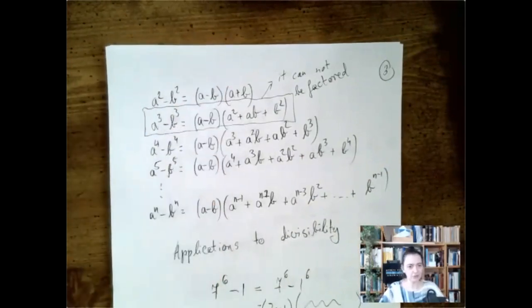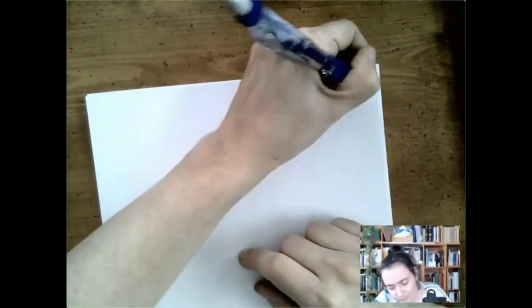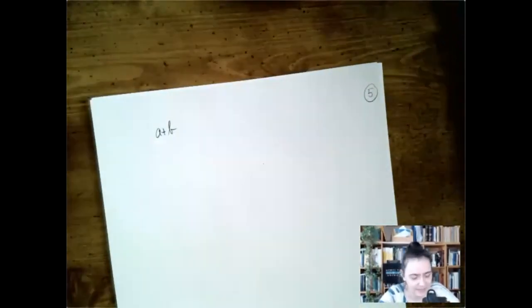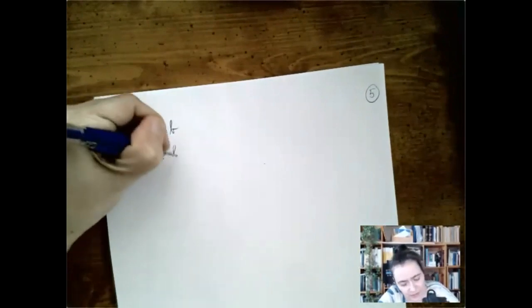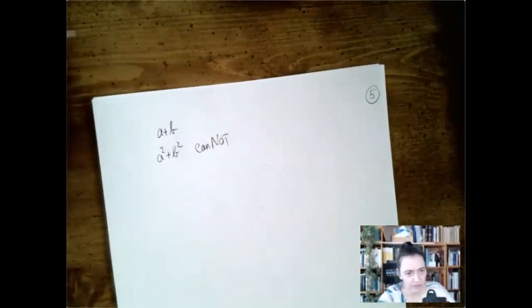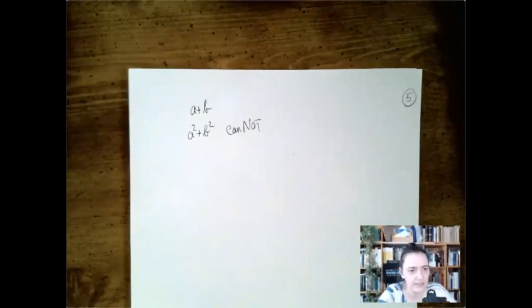Now, there is another version of that that only works for odd numbers, which is interesting and important. So a plus b is a plus b. A squared plus b squared cannot be factored. When we covered the difference of squares theorem, hopefully I made a big fuss about it, that the sum of two squares can never be factored.